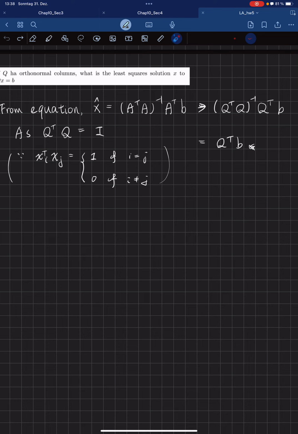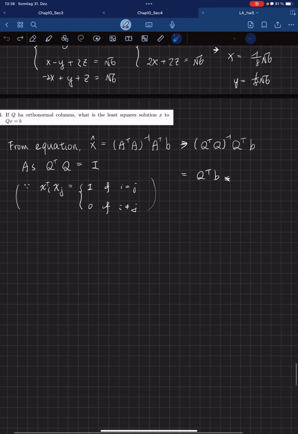Why is that? Because since our vector is a unit vector, the length should be 1, right? So this is exactly the result. And since our vectors are also all orthogonal to each other, it is also 0 if we take the product of two different vectors. So what does this imply? It implies that Q transpose Q is in fact I, because 1 would only remain in the main diagonal of our Q transpose Q, and the rest should be 0.